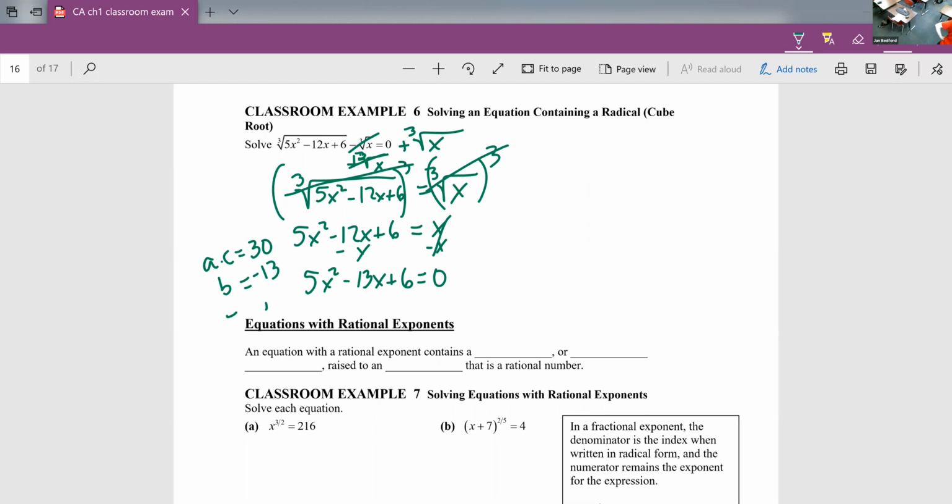Now, is there a pair of numbers you multiply to get 30, add them together to get negative 13? 2 and 15. All right, so Patrick thinks maybe 2 and 15. If we do a negative 2 and a negative 15, that multiplies to give us 30. Does that add to give us negative 13?